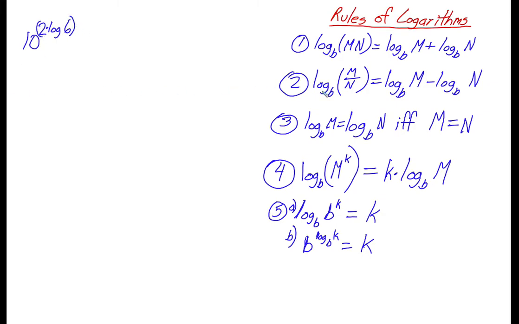But rule number 4 here says that 2 that's being multiplied by a logarithm, that 2 that's a coefficient, according to rule number 4, is the same as writing 10 to the log of 6 squared, which is 10 to the log of 36.